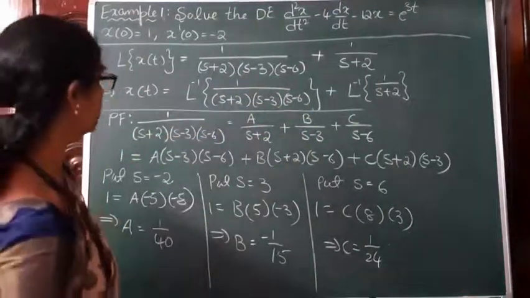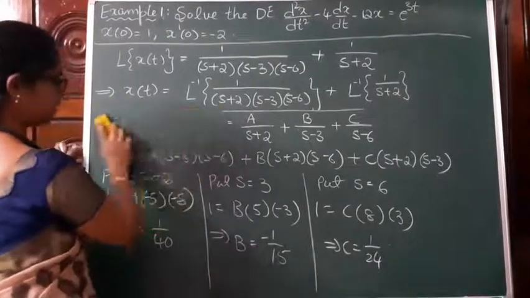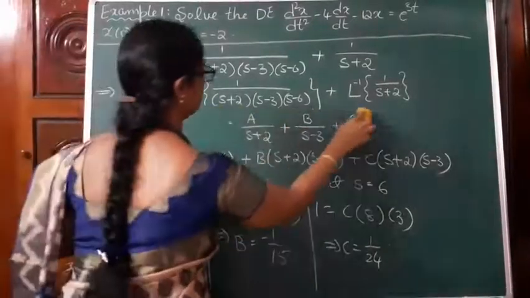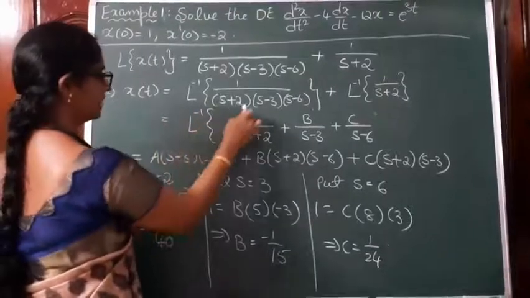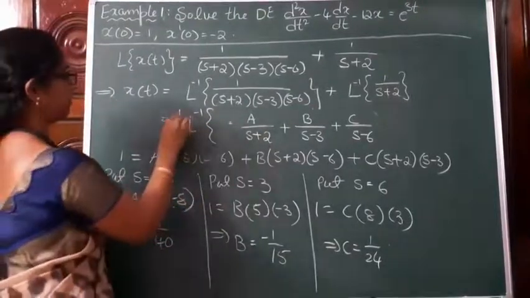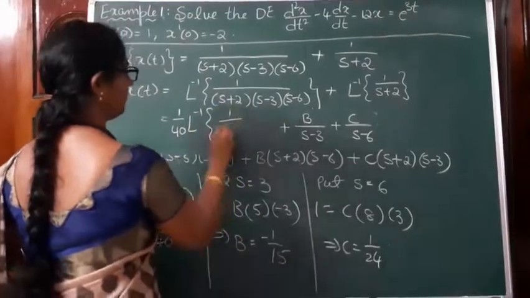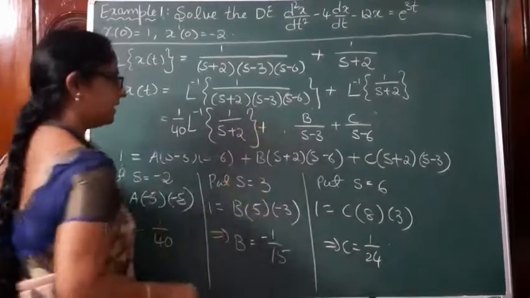Now here we substitute the values. So I hope I can clean this and I will continue from here. So this is equal to L inverse of, what is A? A is 1 by 40. 1 by 40 can be taken outside. L inverse of 1 by s plus 2, plus B into L inverse of 1 by s minus 3.